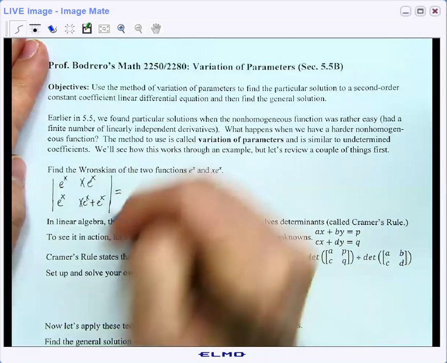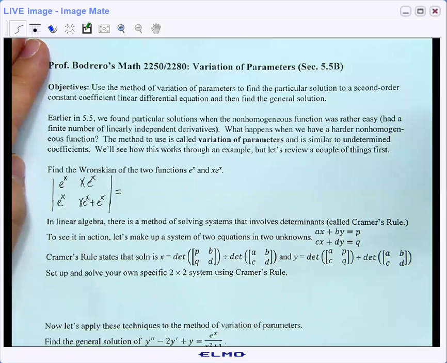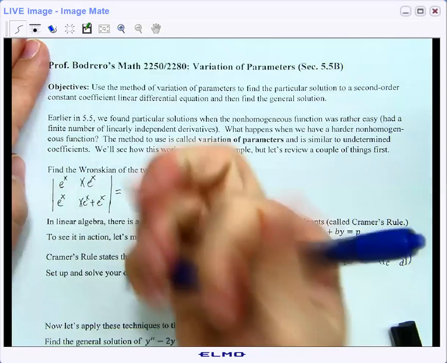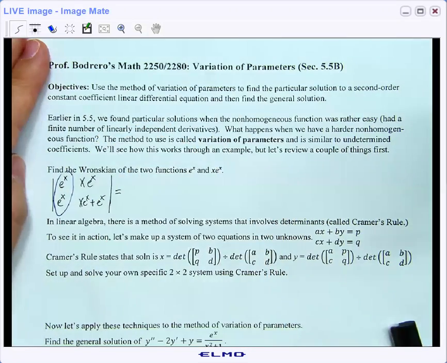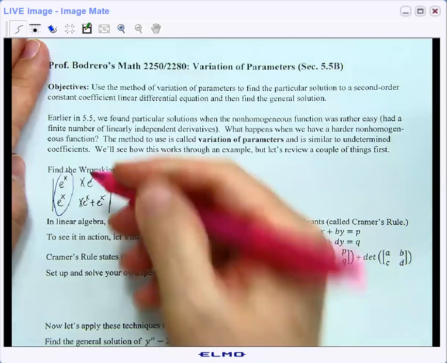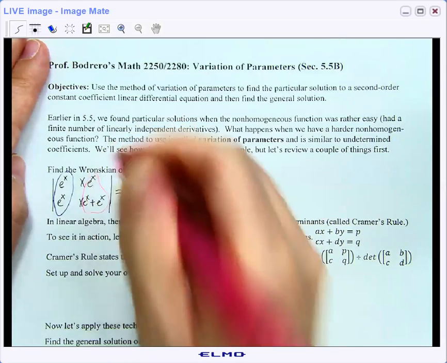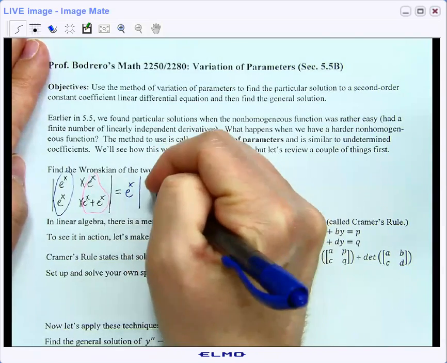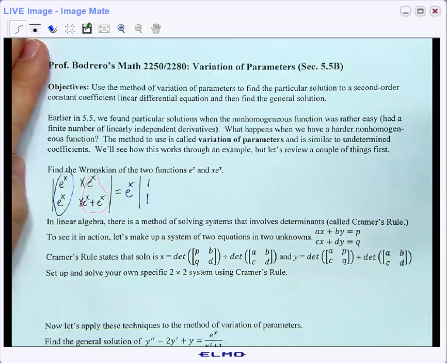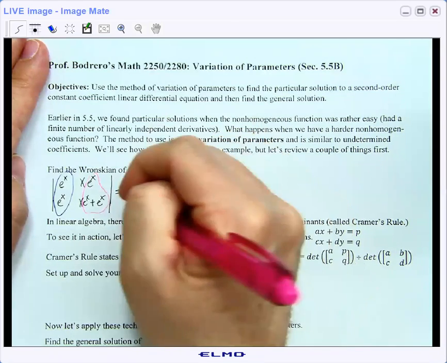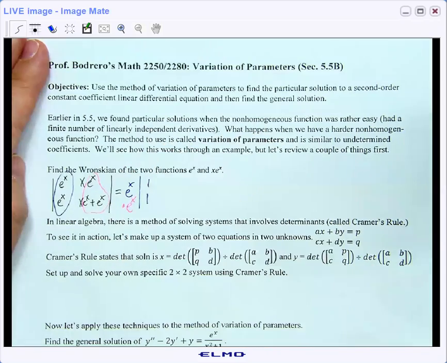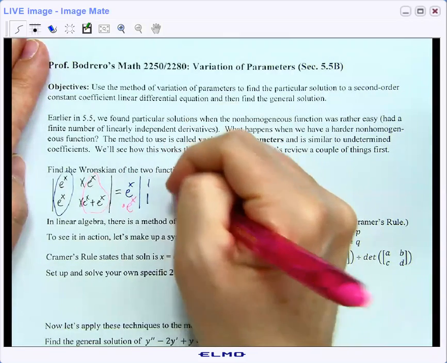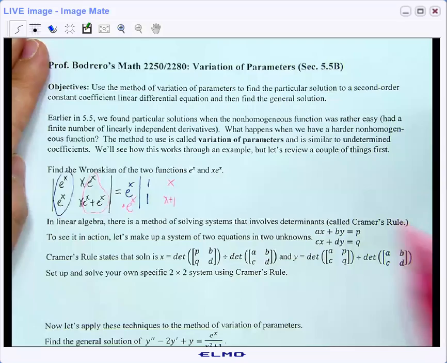Now, as we saw, we can use some properties of row and column operations to make our determinants easier. So I noticed that I have a factor of e to the x in everything in this column and a factor of e to the x in everything in that column. So I could write this as e to the x times 1 and 1, and also times e to the x times x and x plus 1.